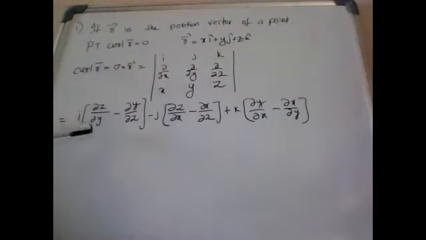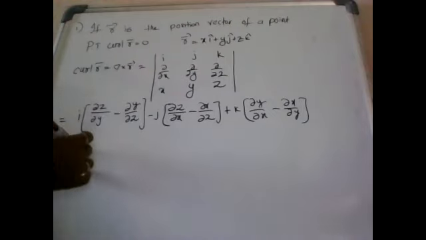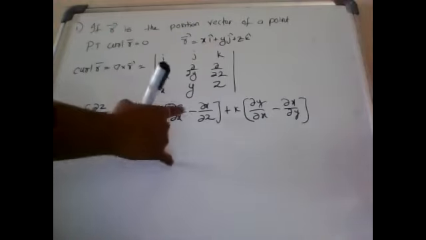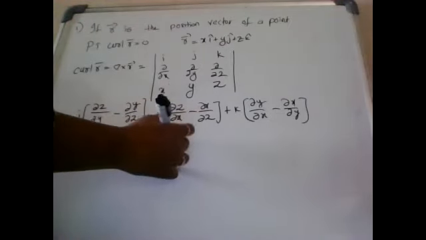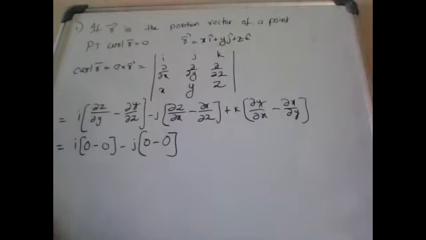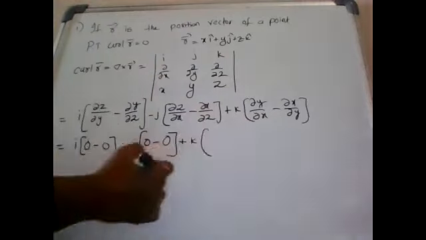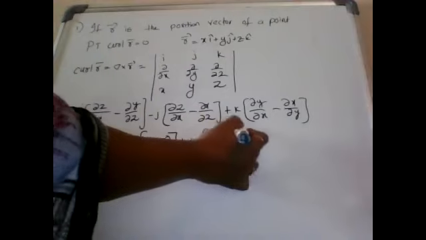So here z differentiation with respect to y is 0 and y differentiation with respect to z is 0. i into 0, minus j into, here z differentiation with respect to x is 0 and x differentiation with respect to z is also 0, plus k into y differentiation with respect to x is 0 minus x differentiation with respect to y is 0.